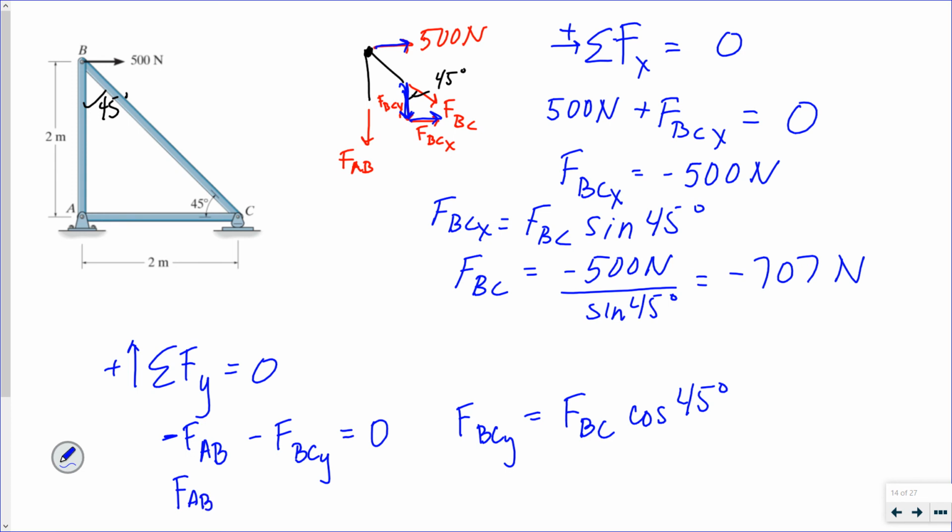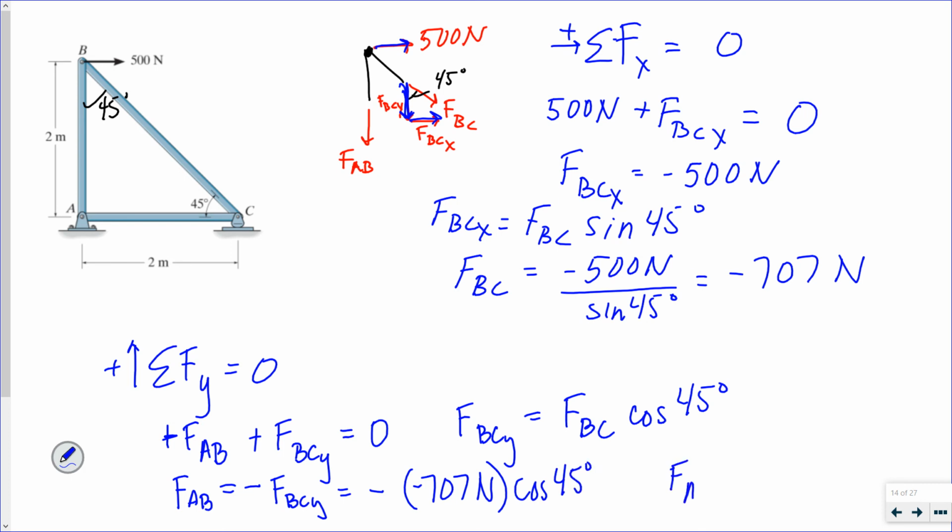FAB equals, can make this positive, but now it's negative. Negative FBCY, which was negative 707 newtons. Cosine 45 degrees.